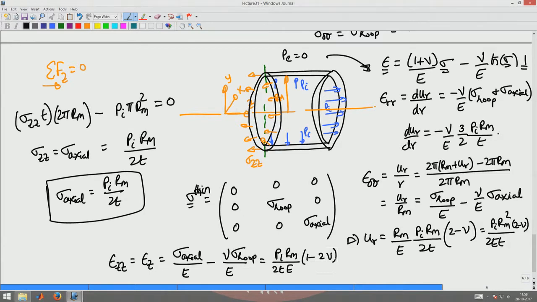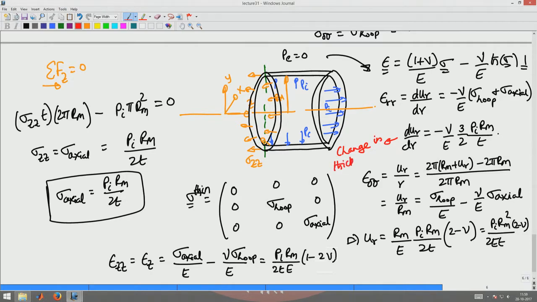Okay. Now, it is clear that u of r is the radial displacement of the cylinder. So, I can associate it with the circumference change, but what is this dur by dr, or this radial component of the strain? The radial component of the strain gives you the change in thickness of the cylinder.